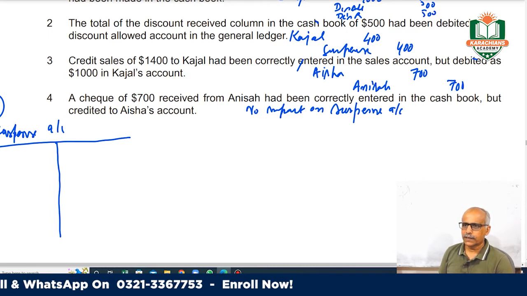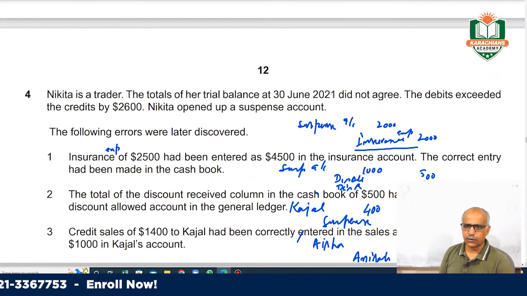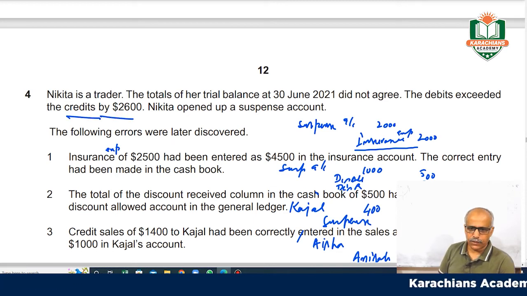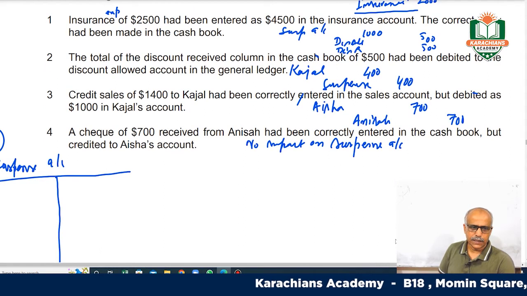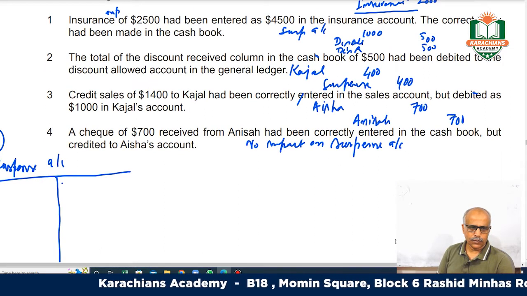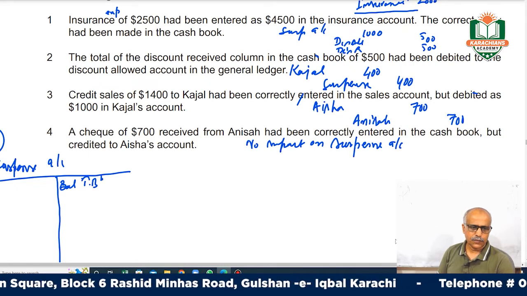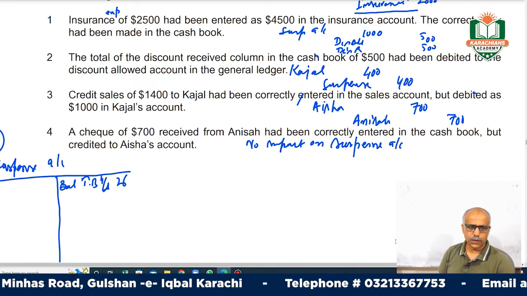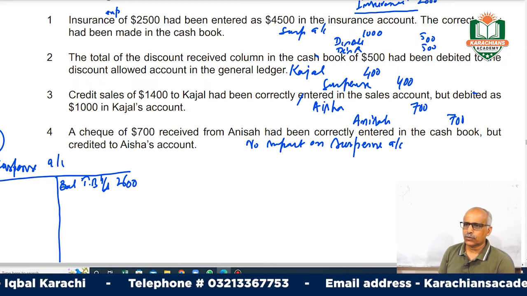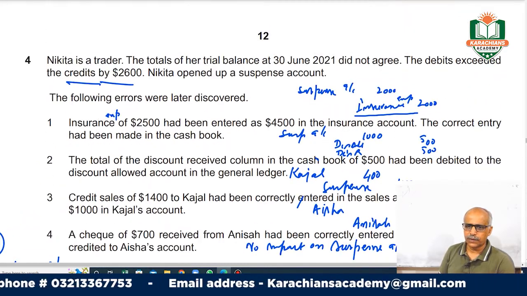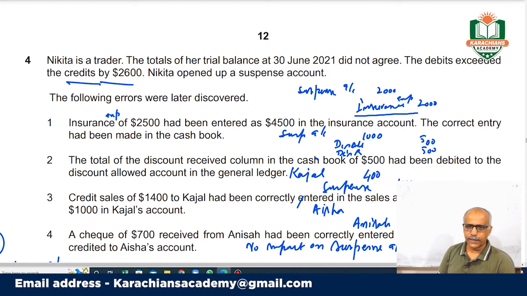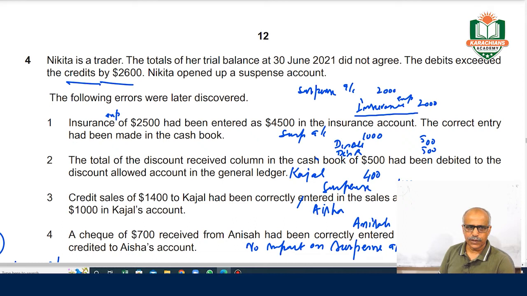So we will see how much there is. You remember there was a credit balance of 2600, so you have to take it. It is very easy. The balance as per your trial balance, which you have brought down, is 2600. There is no date given, and this was made on 30th of June, so we can put the date 30th June.